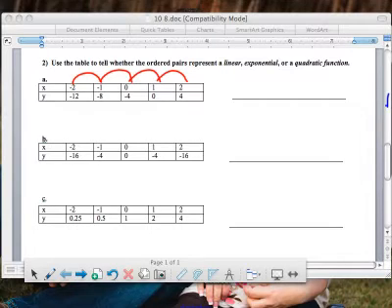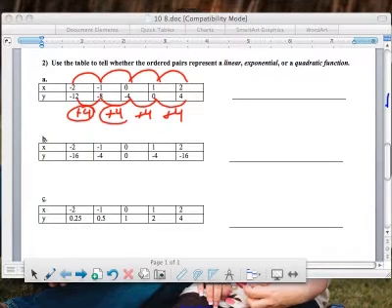Okay, so that's the first thing you want to take note of. The second thing is now we'll look at the differences. So in other words, to go from negative 12 to negative 8, add 4. To go from negative 8 to negative 4, add 4. Negative 4 to 0, add 4. 0 to 4, add 4. Since these are all consistent, plus 4, plus 4, plus 4, plus 4, that tells us that this thing is a linear function.